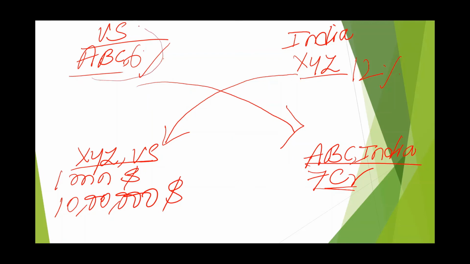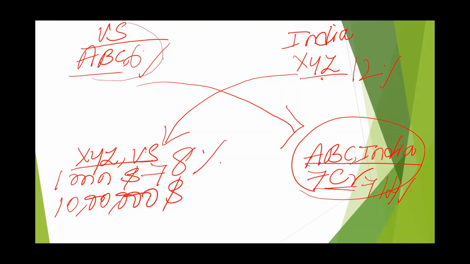If US ABC company raises money in India worth around 7 crore, they need to pay 14%. Whereas if Indian XYZ company raises in the US, they need to pay 8%.